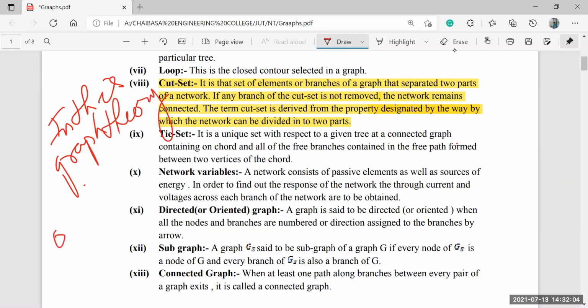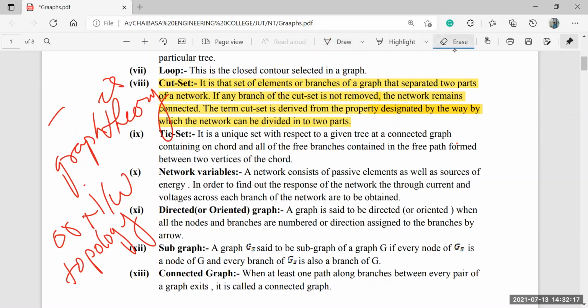Okay, in this graph theory or network topology, let me change this and draw in another part.